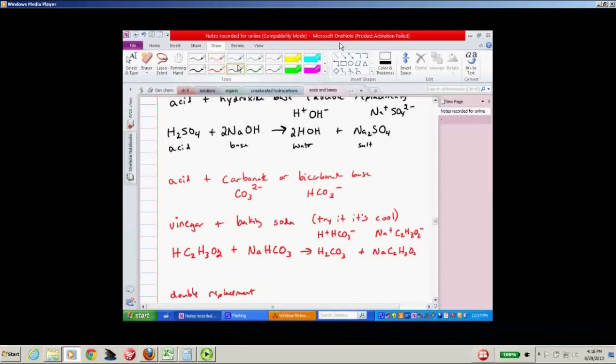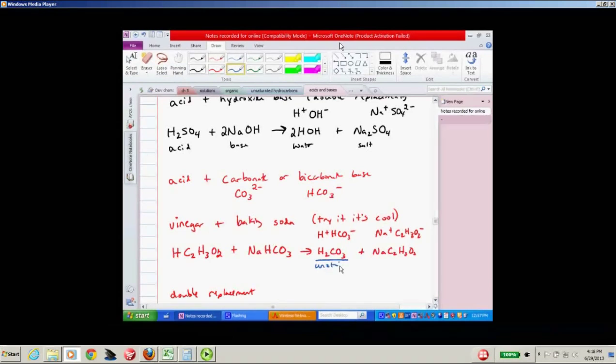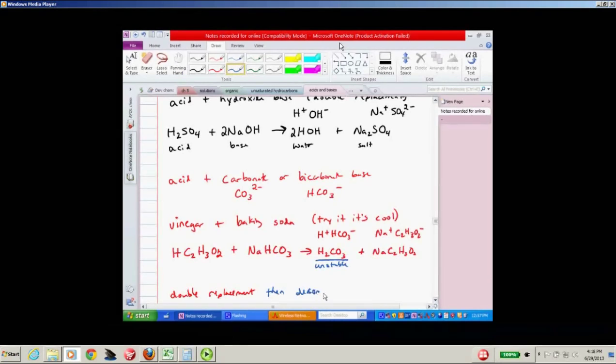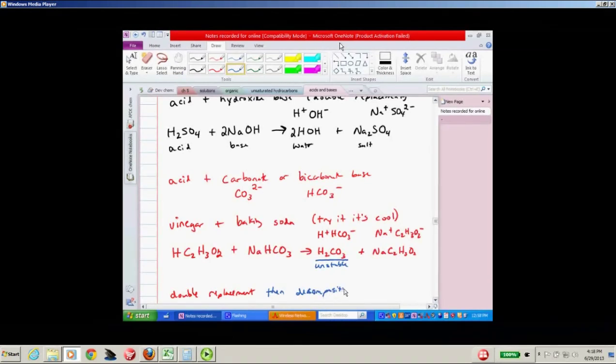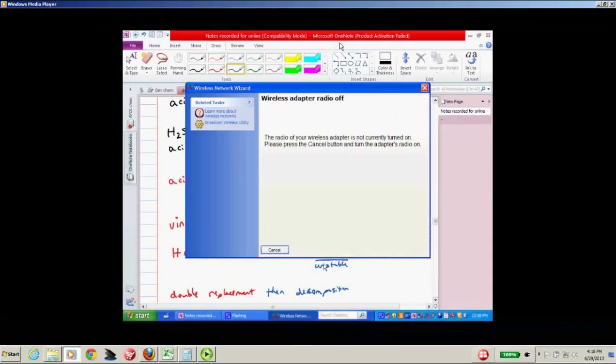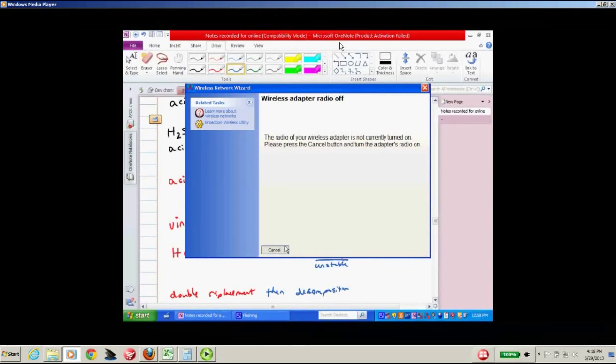Now, carbonic acid, H2CO3, is unstable. It's what you have in a soda. And then you open the soda, and it releases the carbon dioxide gas. So as soon as you make H2CO3, it decomposes.